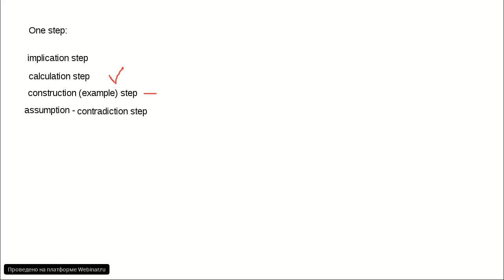And sometimes this construction step needs some additional explanations. So it might need some new definitions, some new names, tags, and so on. So you need to do all of this stuff in order to pass your idea further.